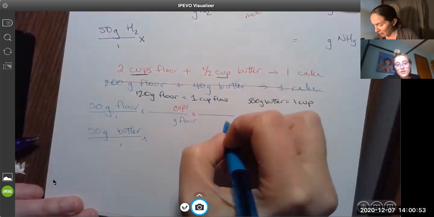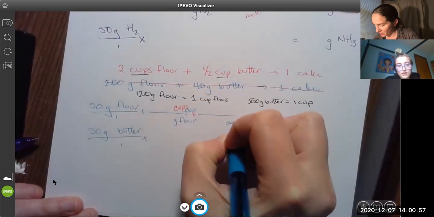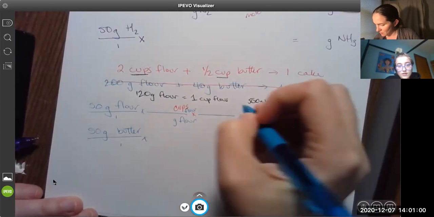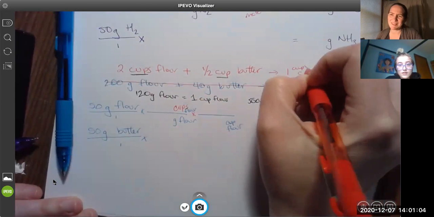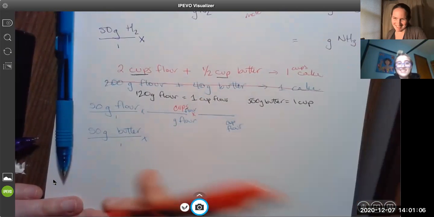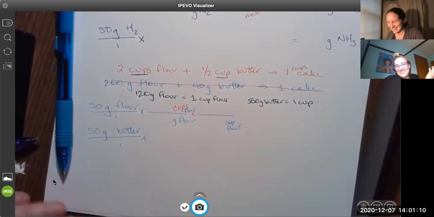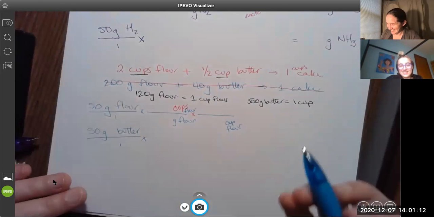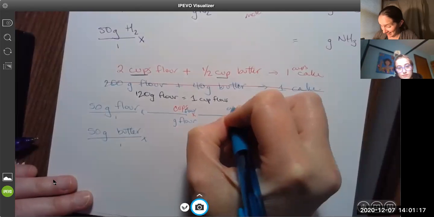So when we compare cups of what we start with to, so this would be cups of cake. Why not? So cups of flour, cups of cake.